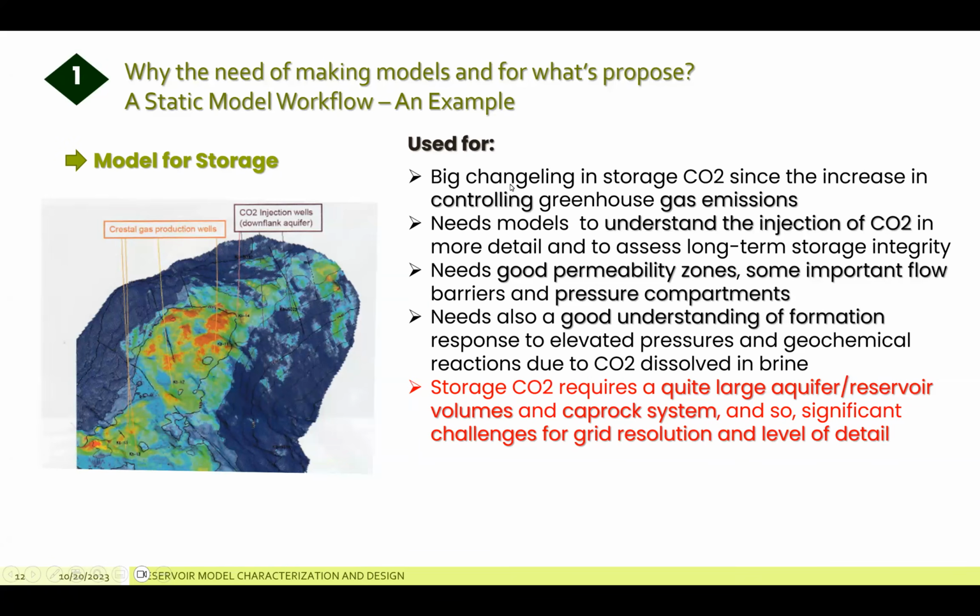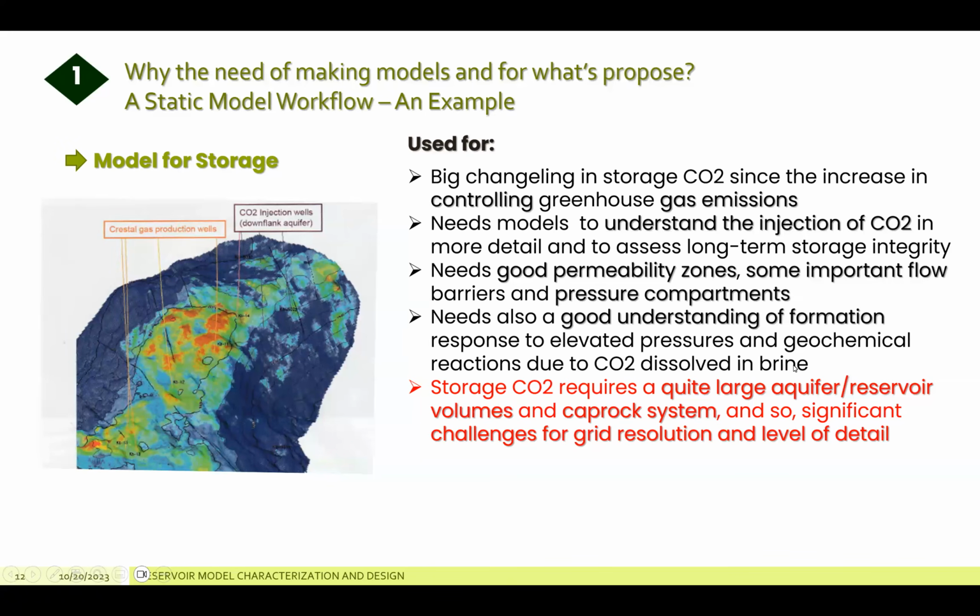And the big challenge in storing CO2 is controlling gas emissions. Again, we need models to understand the injection of CO2 in more detail. It needs good permeability. In this case, these models have to have good permeability zones, and some important flow barriers can be faults, okay? And pressure compartments.